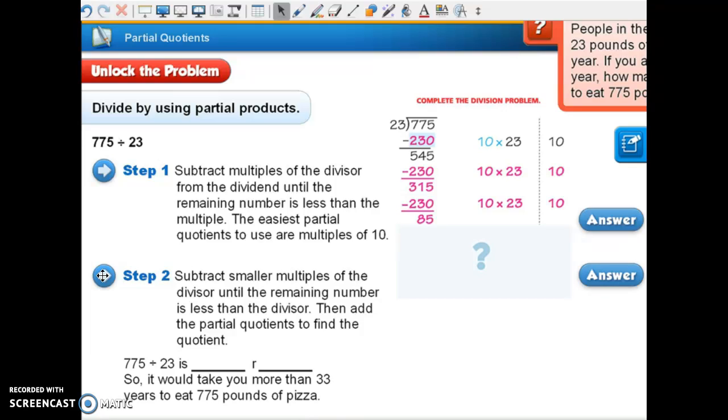Can I still subtract 230 from 545? Yes. So, again, I can multiply it right here by 10. Remember to put your 10 over here. Those are important.